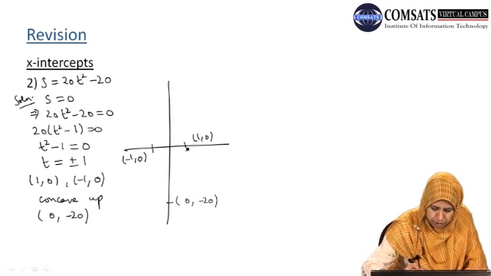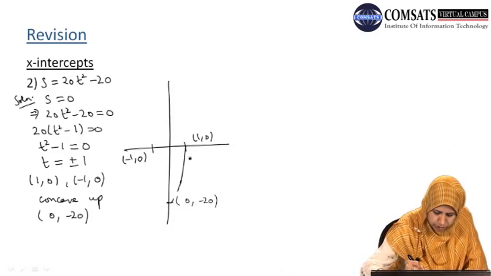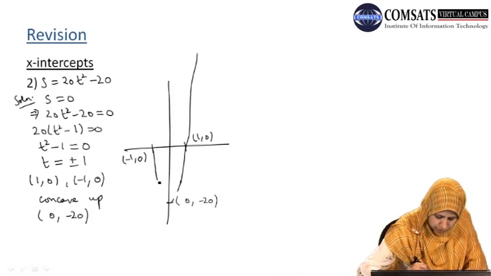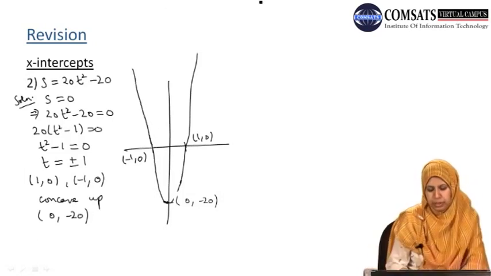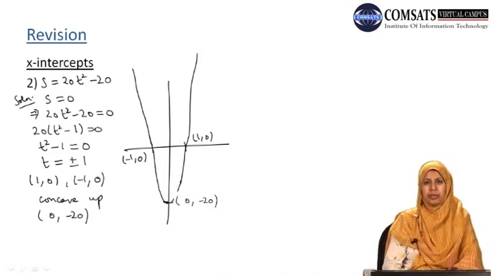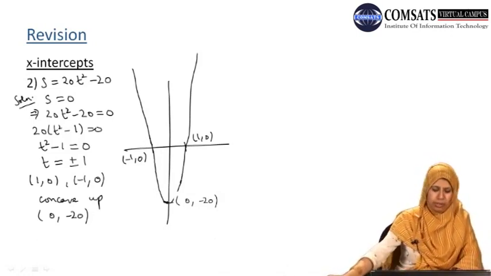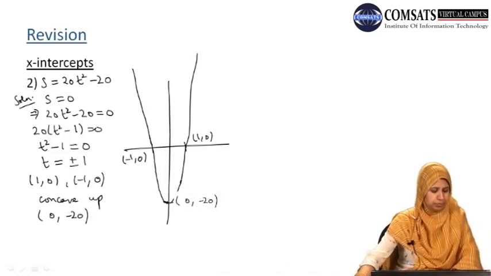And then we will connect these three points by knowing the concavity, going up this way, and then on the left side going up this way. So this is the sketch of the graph of our given quadratic function.